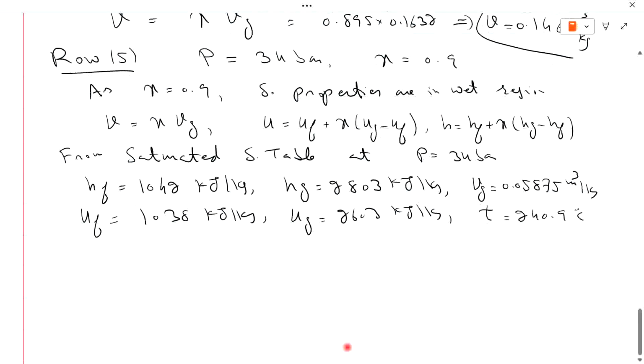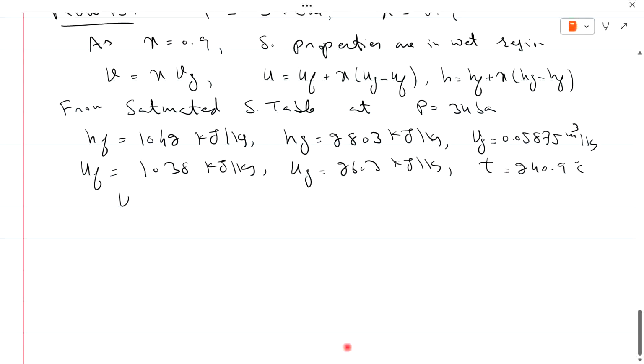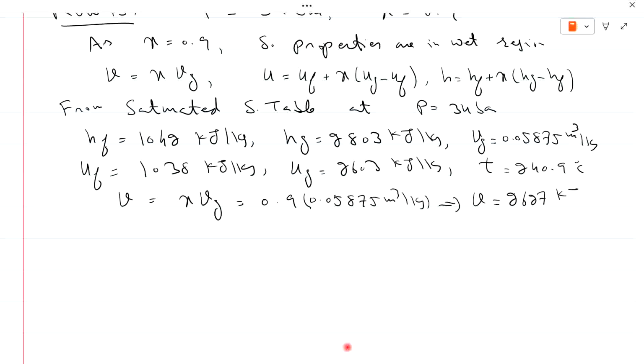So now first find V is equal to x Vg. The value of x is 0.9 and Vg is 0.05875 meter cube per kg.